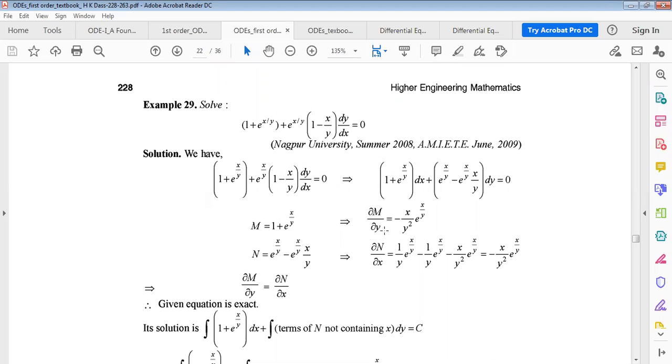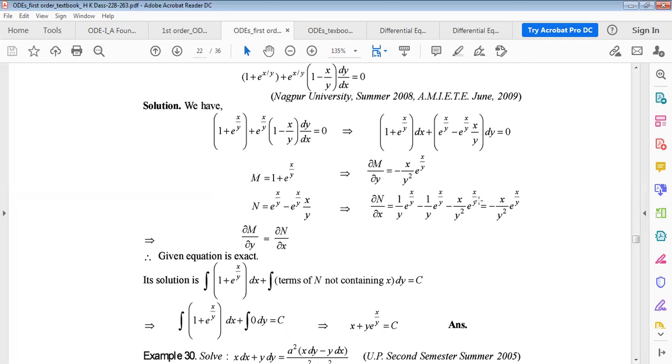Taking partial differentiation with respect to y will be this. The derivative of 1 with respect to y will be 0, and for e^(x/y), by the formula, it stays e^(x/y), but the derivative of 1/y is −1/y², so we get −x/y². And taking the partial differentiation of N with respect to x will be this.